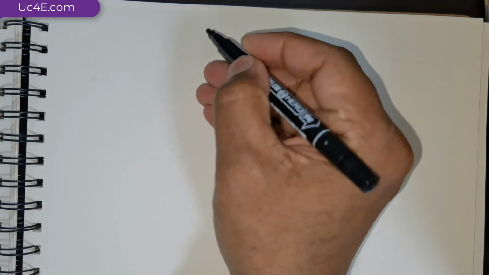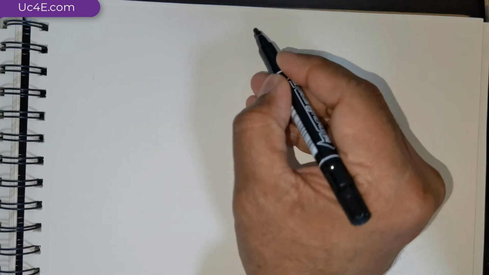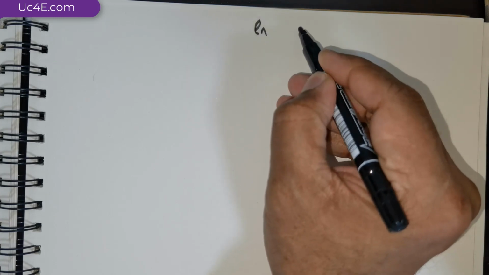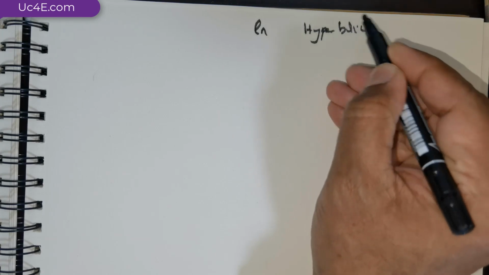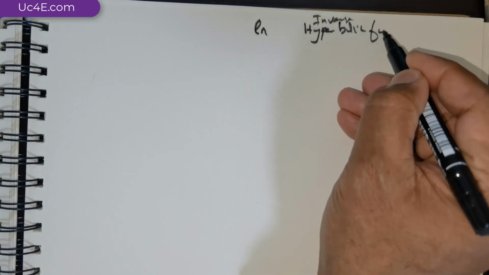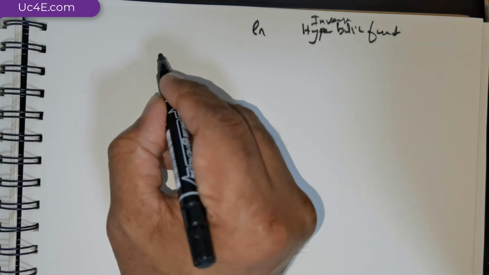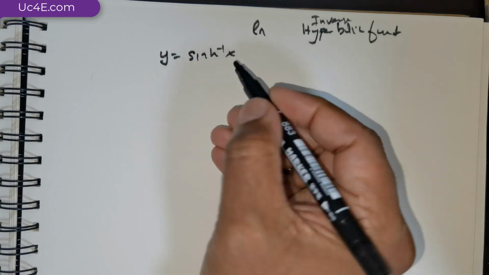Let me do that. Now if you remember, I just mentioned to you that I need to obtain the expression for sinh inverse. Now there is a connectivity between natural log and the hyperbolic functions. Right, inverse hyperbolic functions, to be more clear. Now what is the connectivity? Say for example you got y is equal to sinh inverse of x, right?